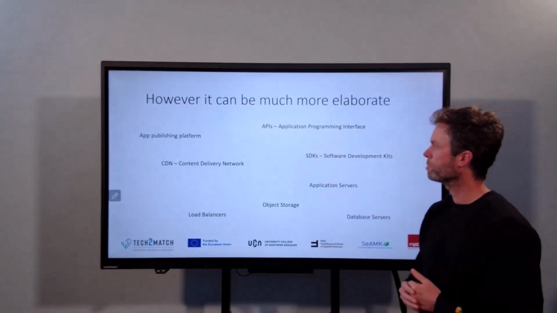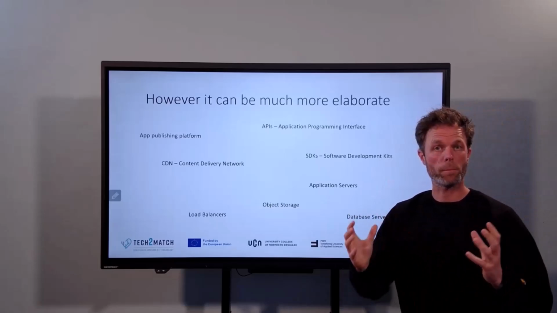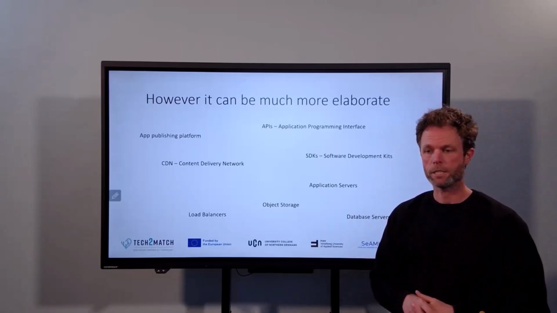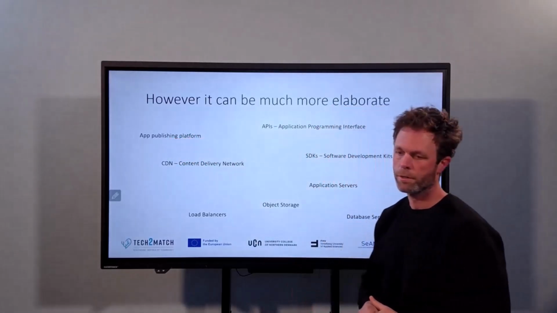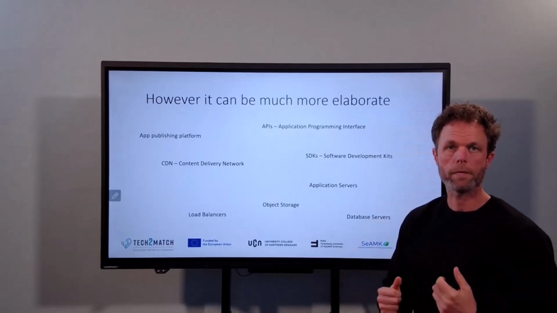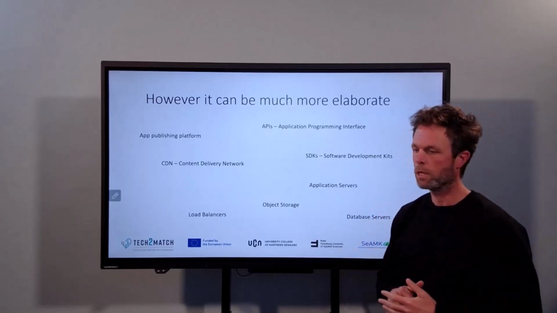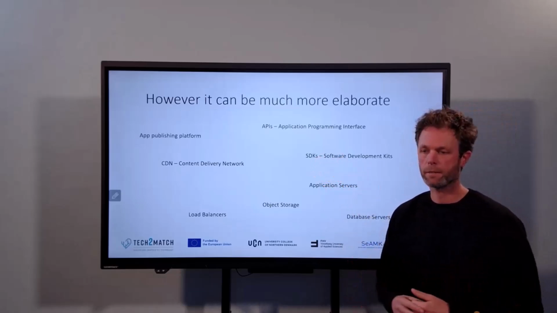Here are different parts which elaborate the development of a mobile application. We have the app publishing platform over here. It could be an iOS platform or Android, as you probably know. We have the SDK, the software development kit.